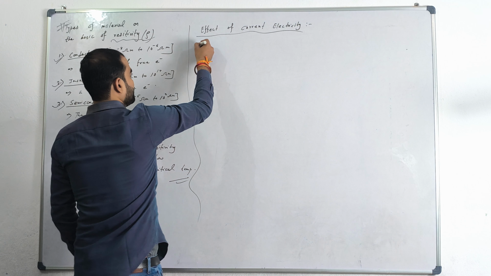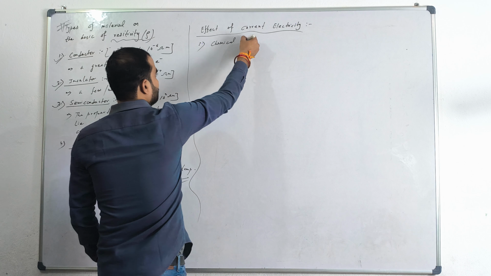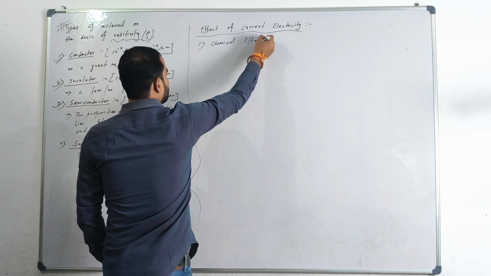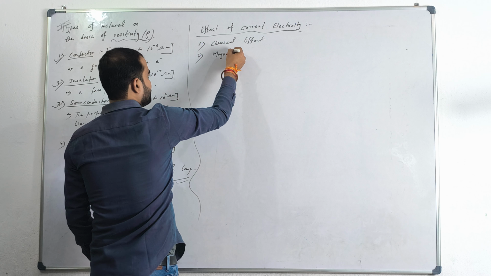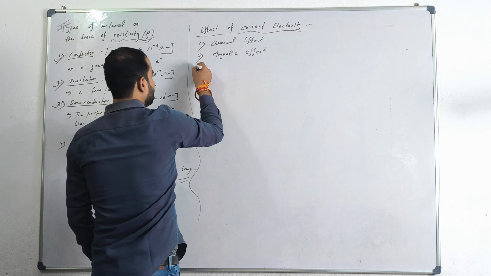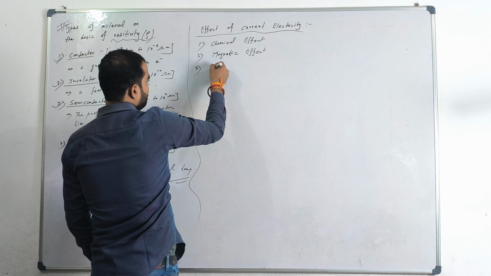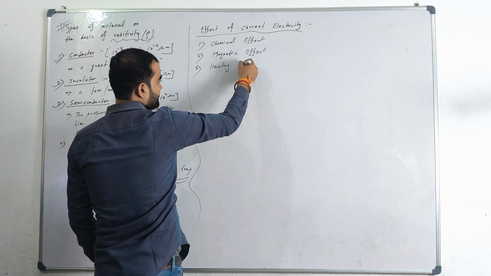There are three effects. First, chemical effect. Second, magnetic effect. And third one is heating effect, which is also known as Joule's law of heating effect.